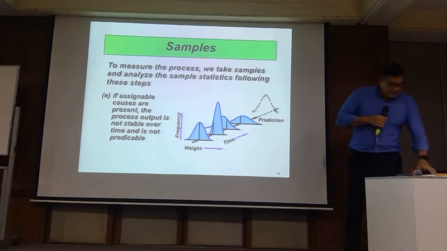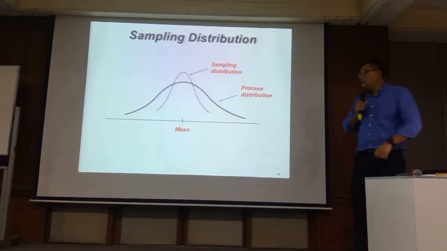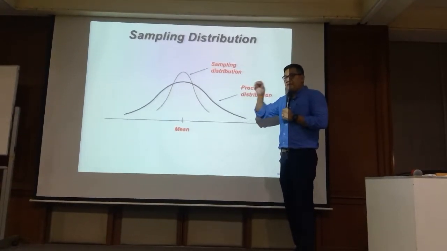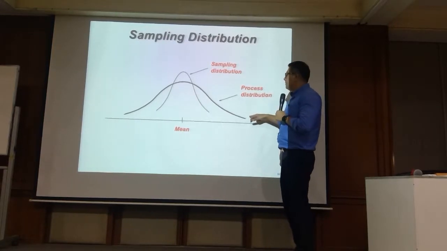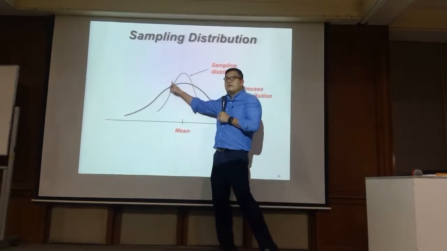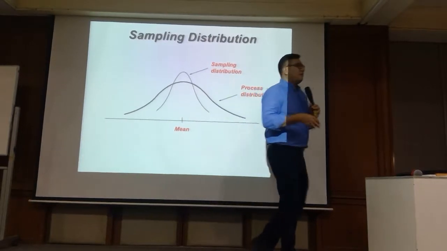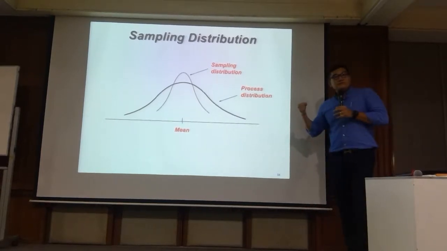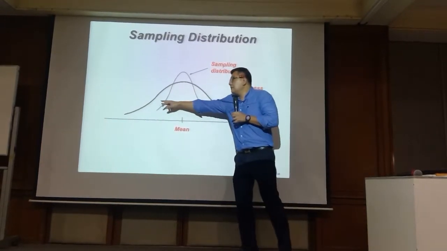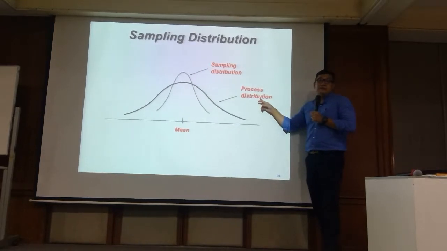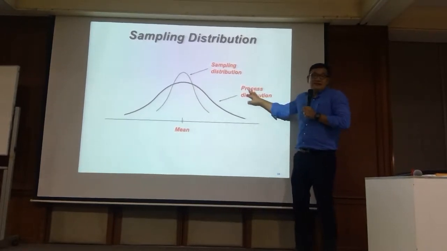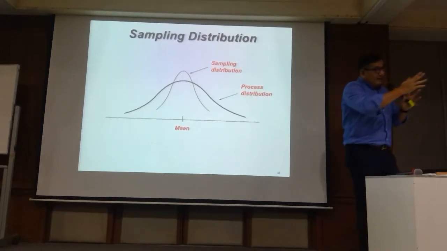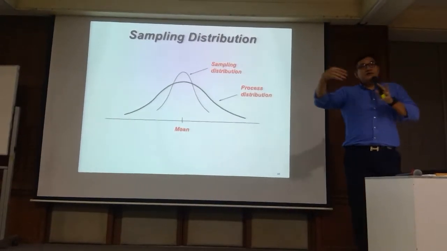Anyway, the one I just showed you, which we develop by sampling from the production line, we call the sampling distribution. But if I don't sample from the production line and instead use all the output to record the weight and develop the distribution, that distribution we call the process distribution. But we cannot do this in the real world, because a production line has a lot of output.